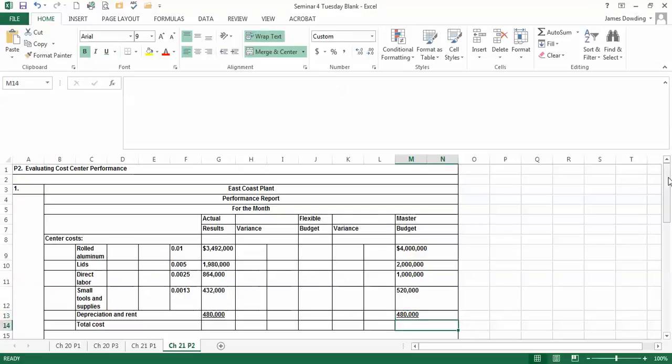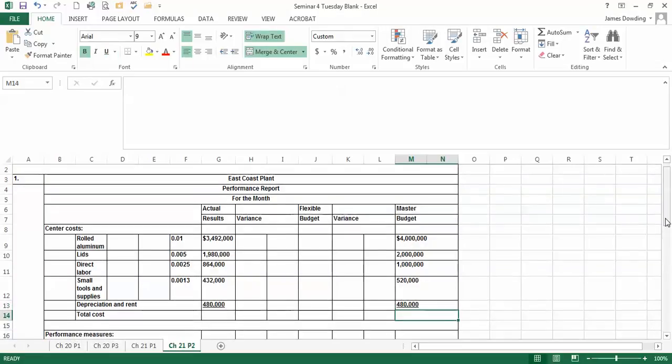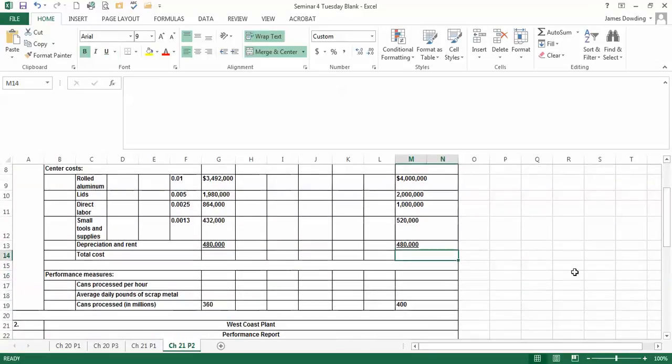Now, let's also add some other givens that we had. Our cans per hour that we were looking at processing: 45,662 per hour was what our budget was.